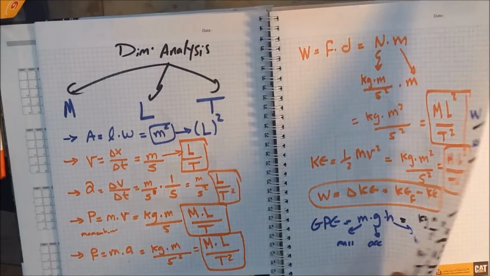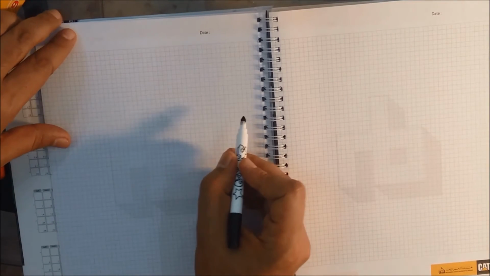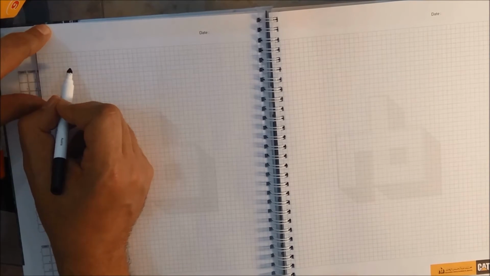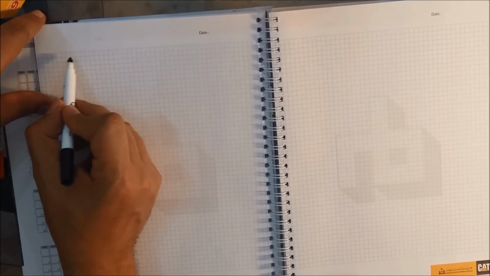So enough now for the dimension analysis. Let's move to the significant figures. So before going into the significant figures, you need to know how many significant figures are in a specific number.